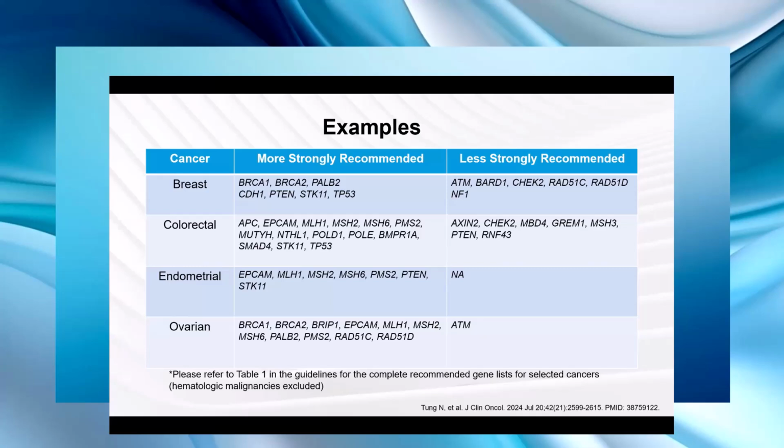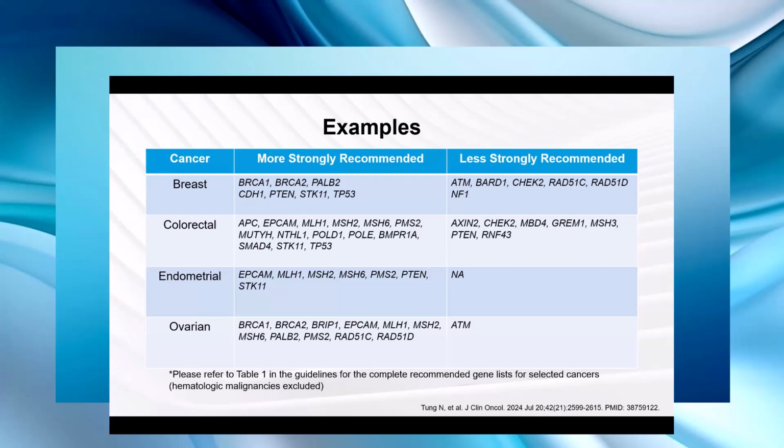So you can see here, for patients with breast cancer, the more strongly recommended genes includes those that Dr. Shen highlighted in the beginning: BRCA1, BRCA2, PALB2, CDH1, PTEN, STK11, and TP53. But then also on that list of less strongly recommended genes, again, which could be offered depending on the patient's tolerance for uncertainty and variants of uncertain significance, could also consider including ATM, BARD1, CHEK2, RAD51C, RAD51D, and NF1.